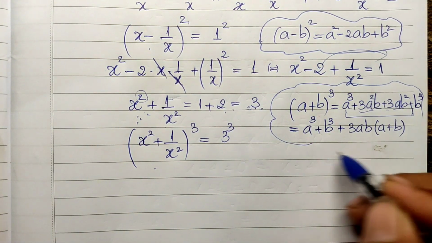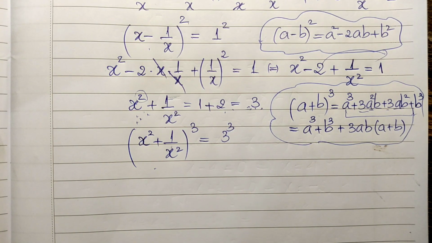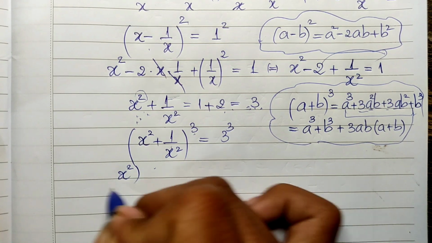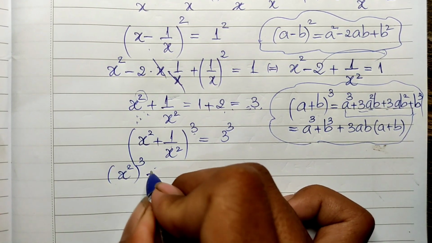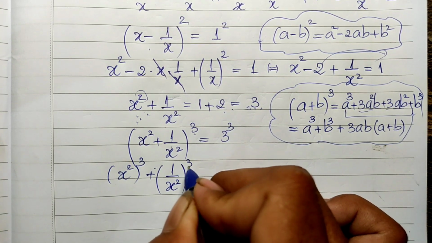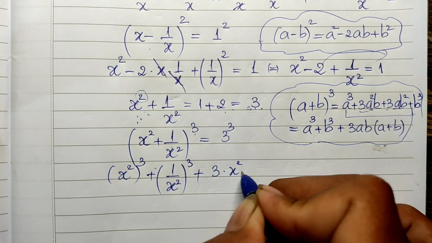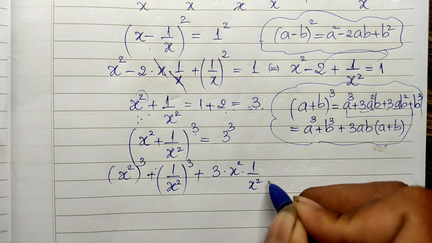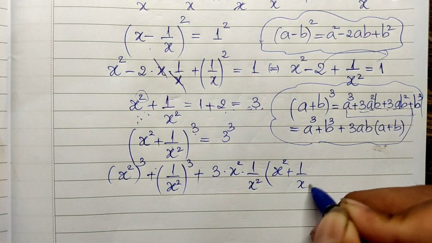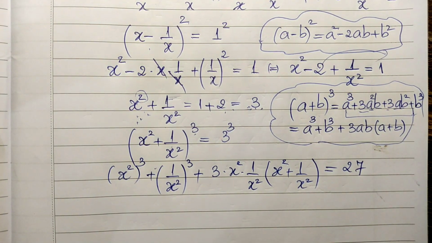So now I use this rule to find the value of x to the power 6 plus 1 divided by x to the power 6. We get x squared all to the power 3 plus 1 divided by x squared all to the power 3 plus 3 times x squared times 1 divided by x squared times x squared plus 1 divided by x squared equals 27.